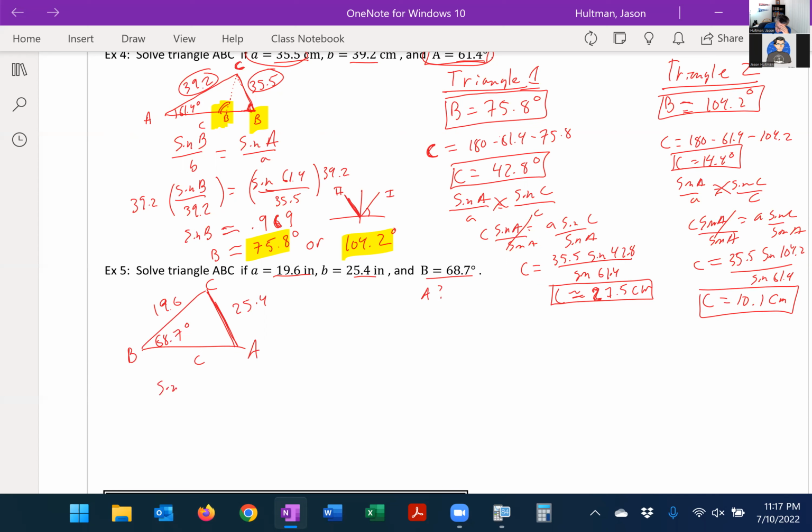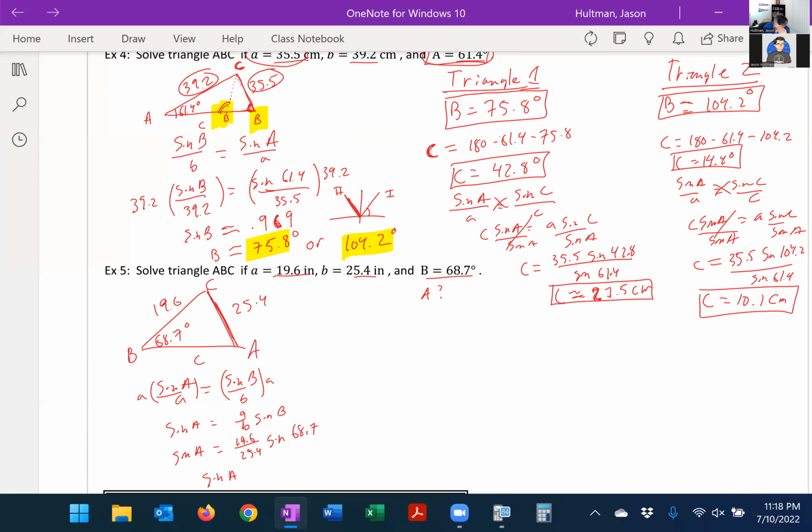So we're going to go sine A over A is equal to sine B over B. If I multiply both sides by A, I get sine A is equal to A over B times sine B. So sine of A is equal to 19.6 over 25.4 times the sine of B, which is 68.7.